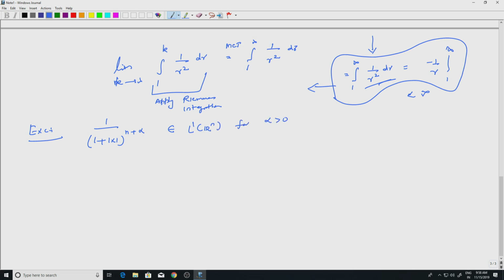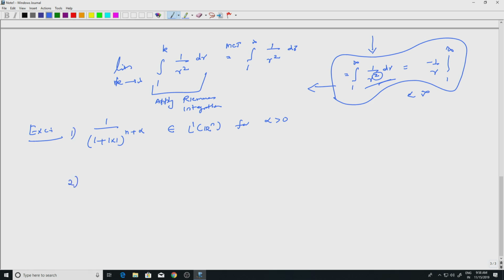So that is what you should understand. At infinity it should decay like n plus alpha for alpha positive, so faster than 1 by mod x to the n, it should decay like that. Then instead of r square here you will have 1 by r to the 1 plus alpha, and still the same thing will work.